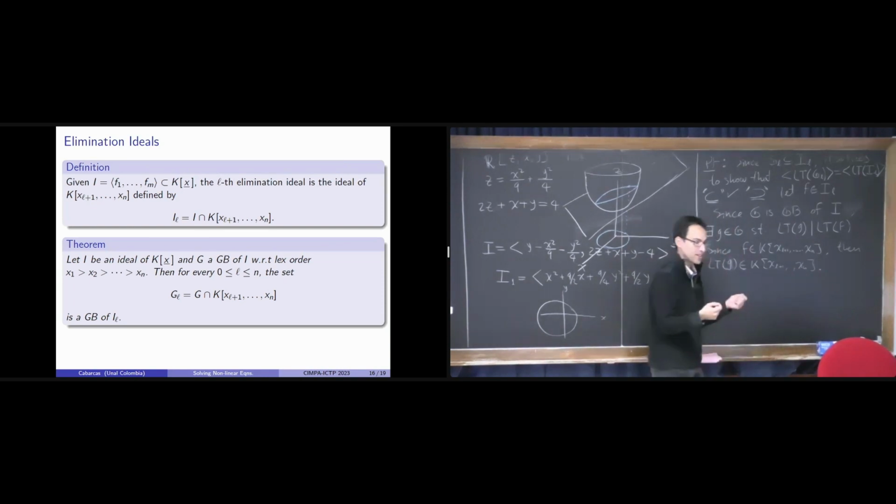If there were any other variable involved in g, then that would be its leading term. If you had a larger variable, then that would be the leading term. But since the leading term is in these variables, then every term in g is there.